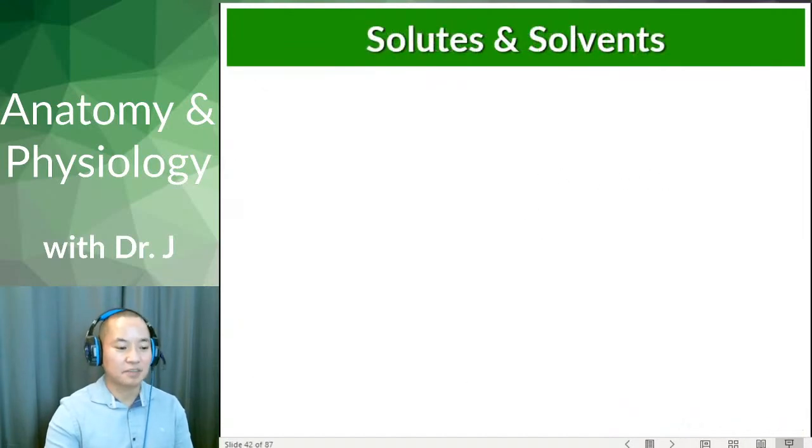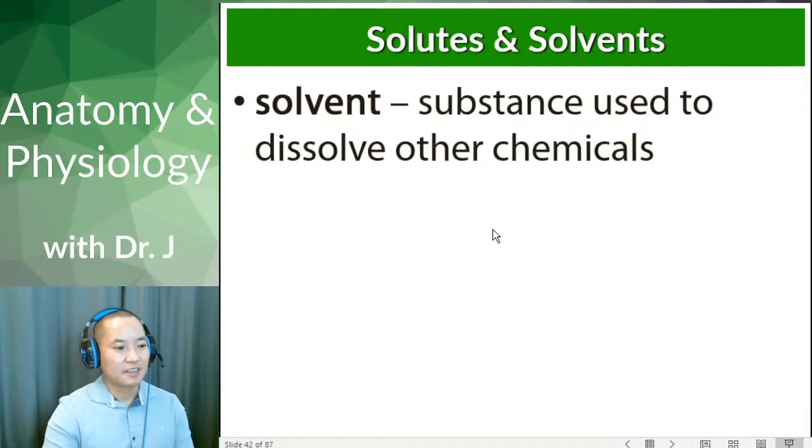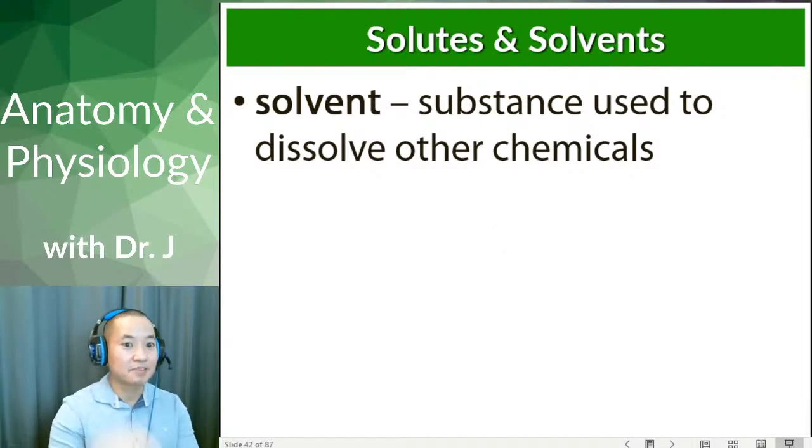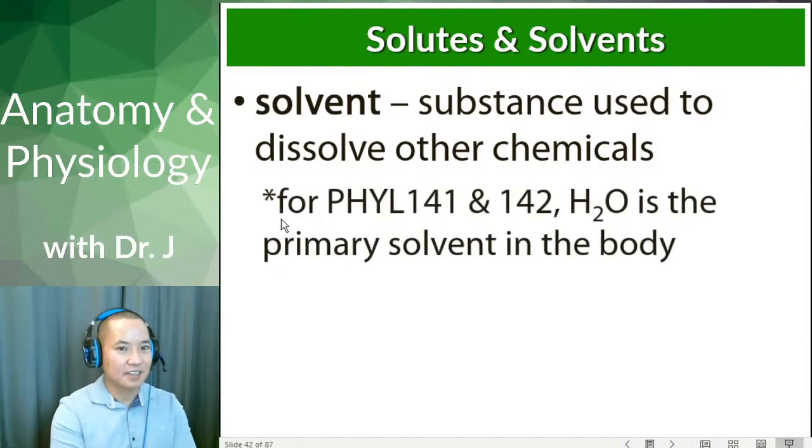So then we have to talk about solutes and solvents. If you're taking chemistry, you probably already know these. A solvent is a substance used to dissolve other chemicals. This is the chemistry definition, and it's very general. But when we talk about solvents in physiology, pretty much we're always talking about water. In some physiological papers, when we're talking about substances that dissolve in fat, cholesterol and triglycerides, then we might talk about other solvents.